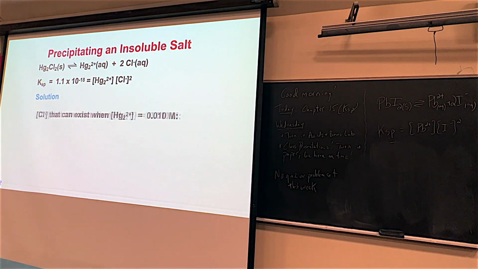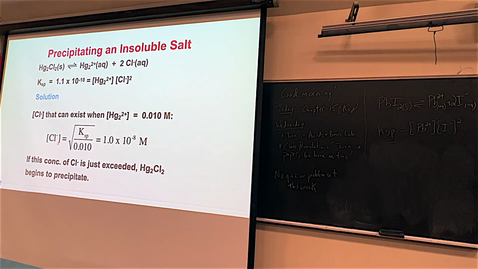So, without further ado, chloride squared will be KSP over the mercury. And earlier we saw the mercury was 0.010. So if you want to solve for just chloride, square root KSP over 0.010, that number comes out to be 1.0 times 10 to the minus 8 moles per liter.